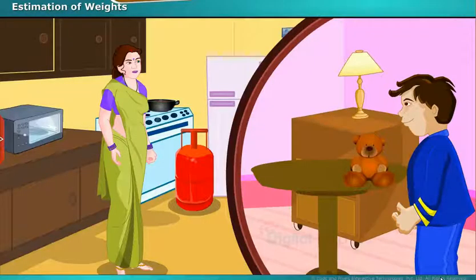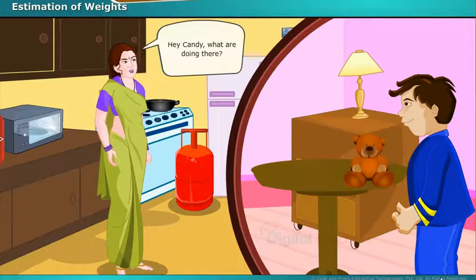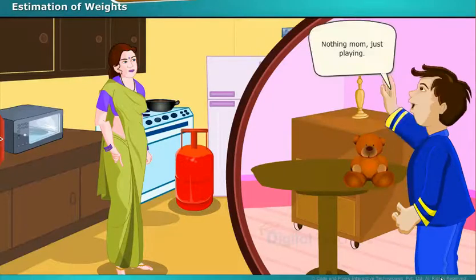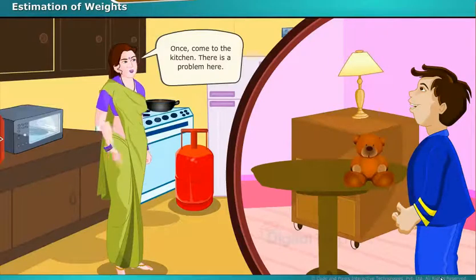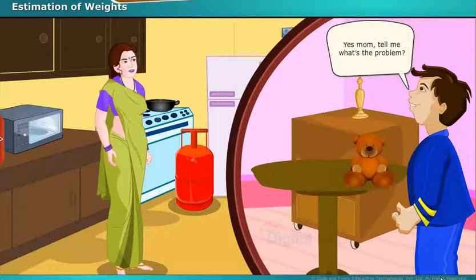Now, let us see the conversation between a mother and her son on the estimation of weights. Hey Candy, what are you doing there? Nothing, Mom. Just playing. Come to the kitchen. There is a problem here. Yes, Mom.